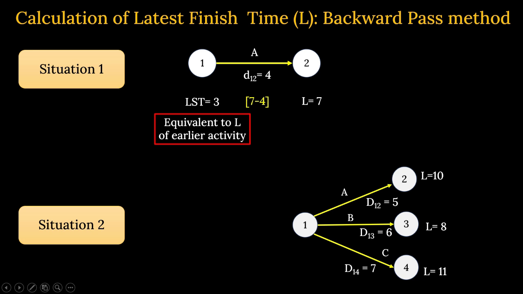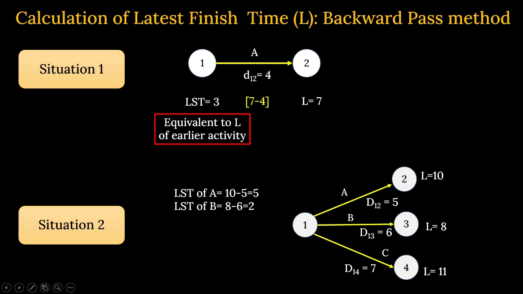So we go backward and take all these arrows in the reverse direction. Latest start time of A is 10 minus 5, equal to 5.